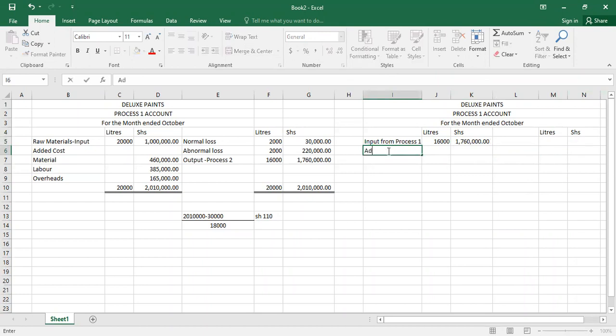Then we have the added cost for this particular process. Give me the added cost. You have the material. What's the cost? The cost is given there.